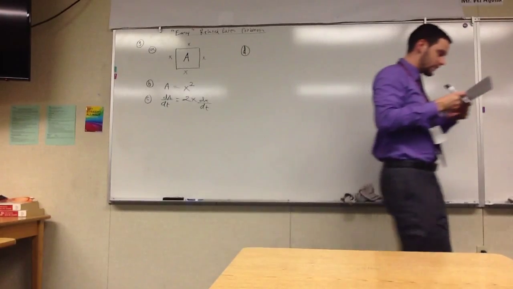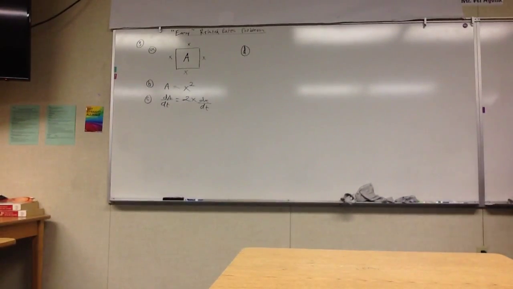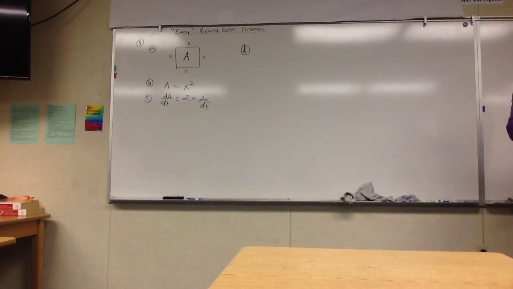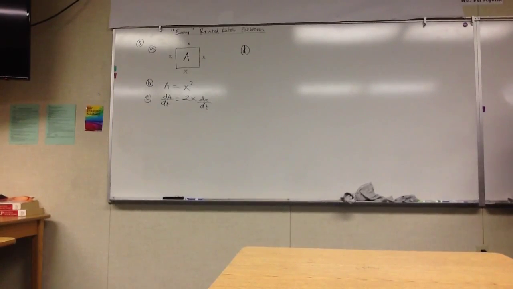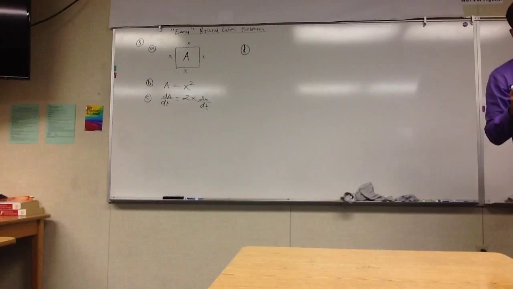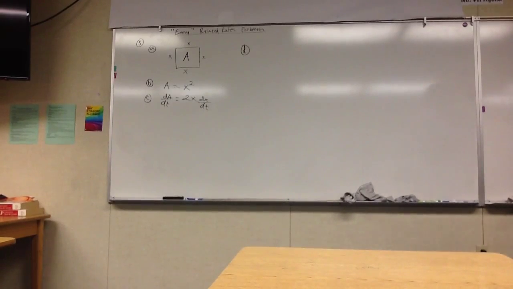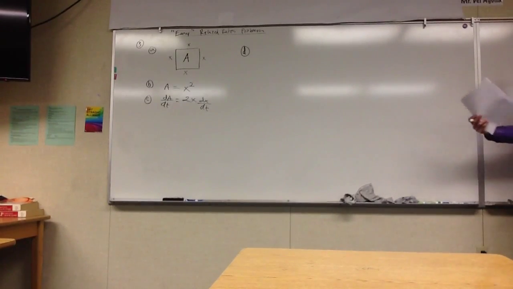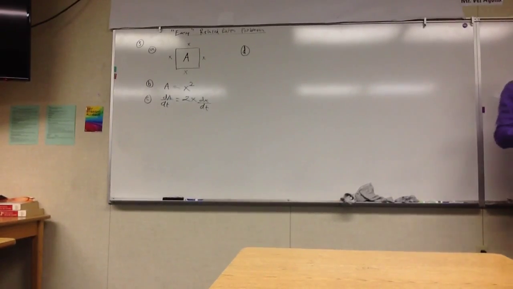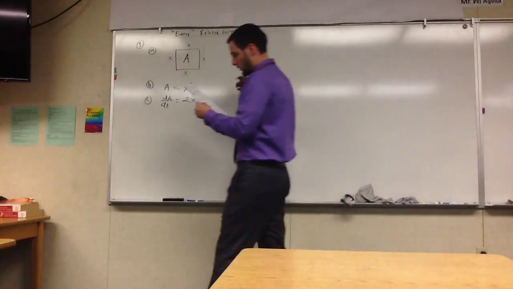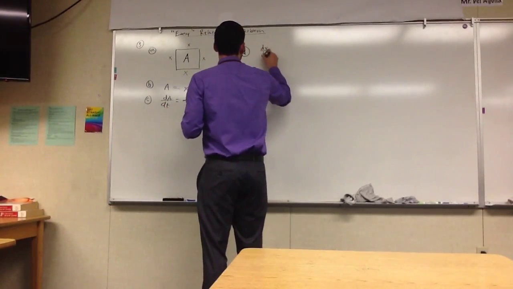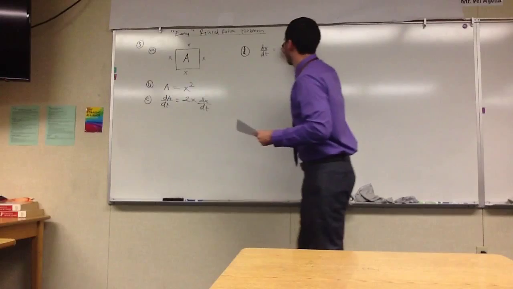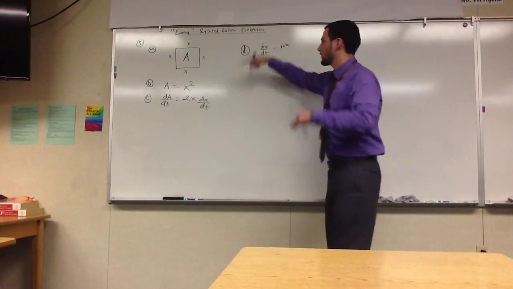D is at a certain instant, the sides are 3 feet long and increasing at a rate of 2 feet per minute. How fast is the area increasing at that instant? So what I want to write down are the rates and what they mean. So they're saying, well, I have dx/dt. That's the rate at which x is increasing.